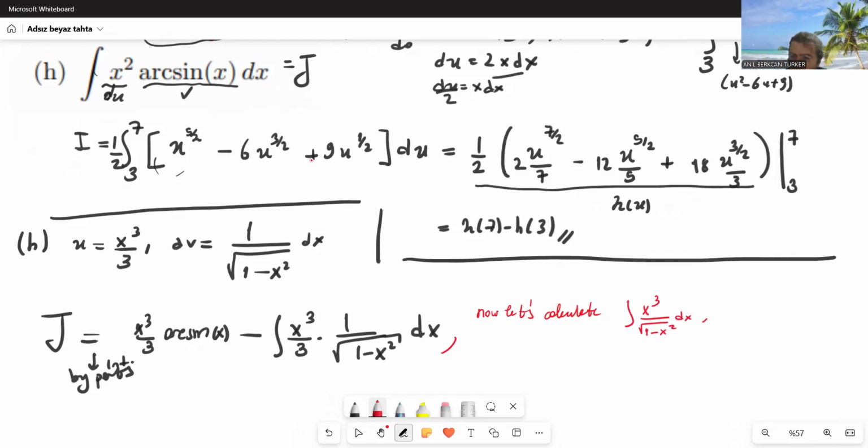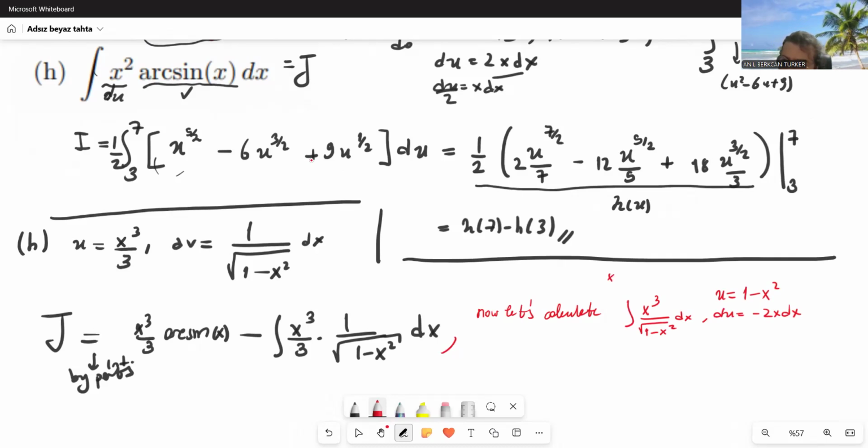So let's make the substitution u equals 1 minus x squared. So du becomes minus 2x dx.